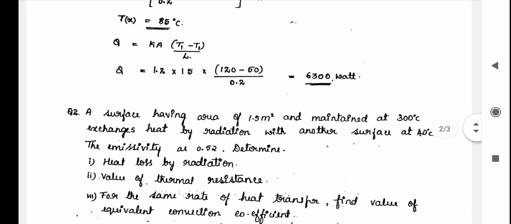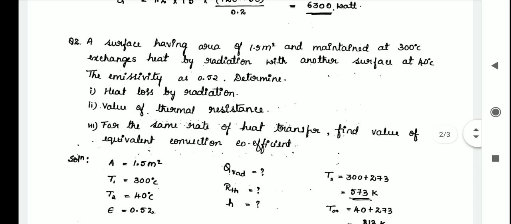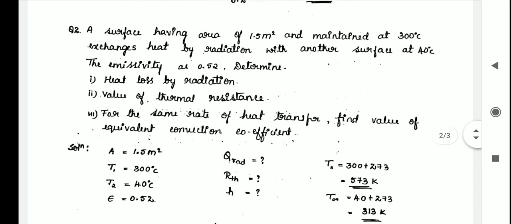And the second problem: a surface having an area of 1.2 meter square and maintained at a temperature of 300 degrees Celsius exchanges heat by radiation with another surface at 40 degrees Celsius. The emissivity epsilon is 0.2.